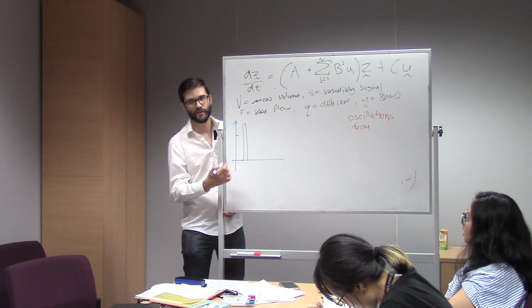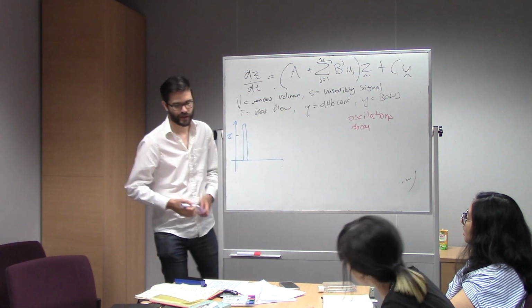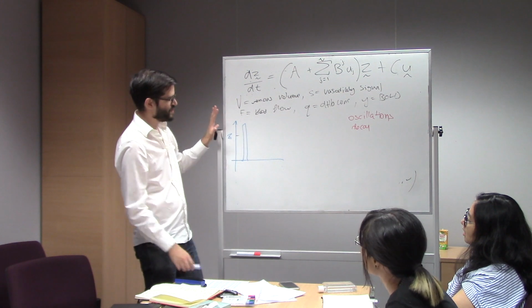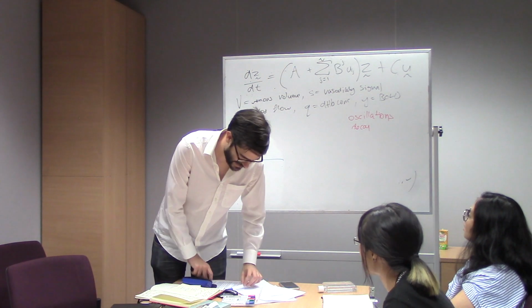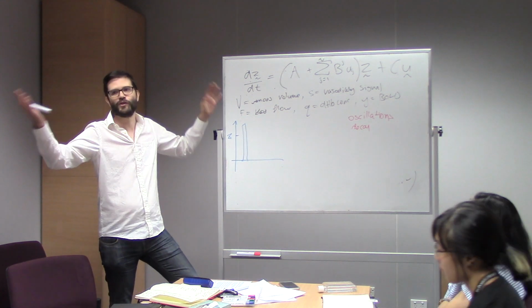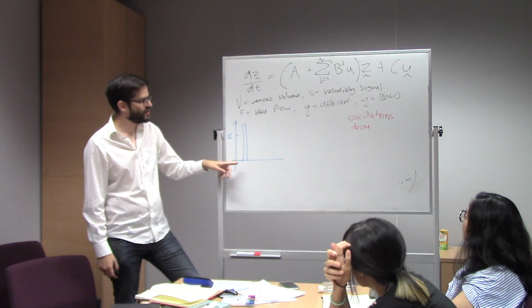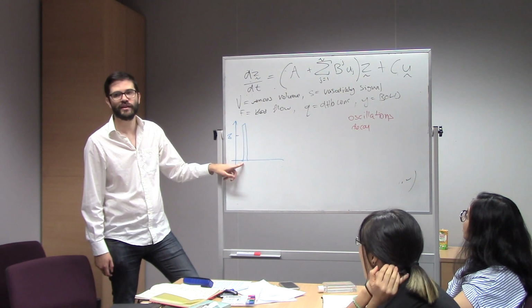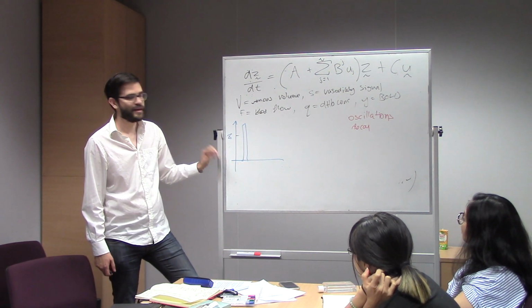That can be your Z, a very simple Z. You can think of it as a first order approximation. But if you looked at what your EEG signal would look like using all these models with this simple Z, it's not right.